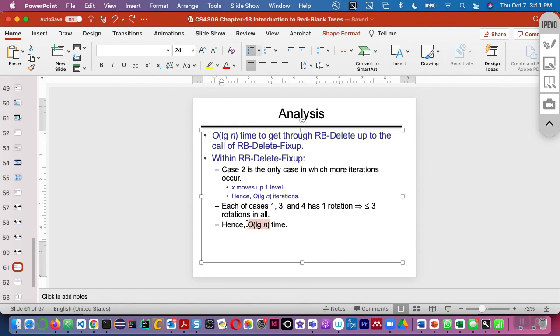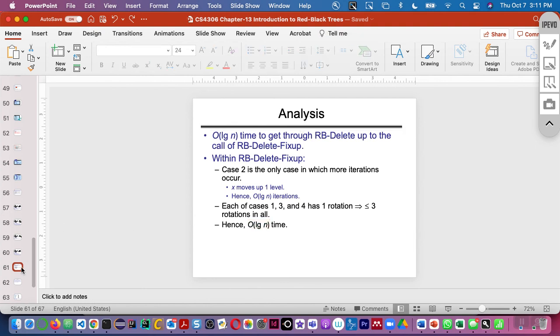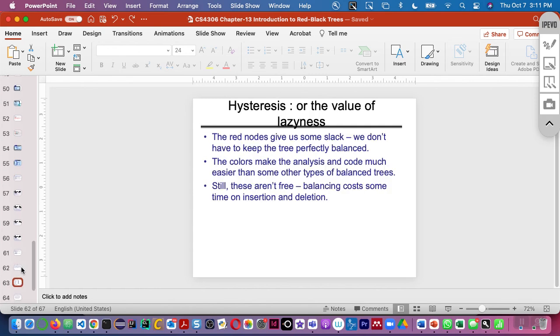Even if it goes all the way to the end, no problem, because for shifting and moving we are considering only one branch, right or left, so it will take log n.